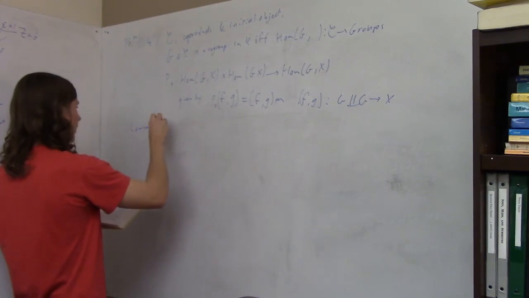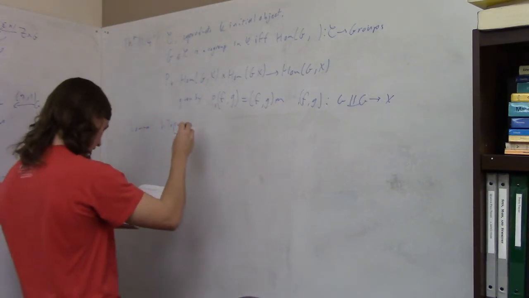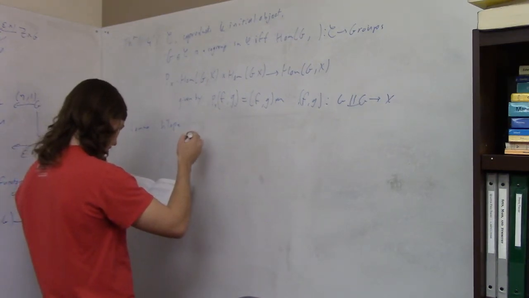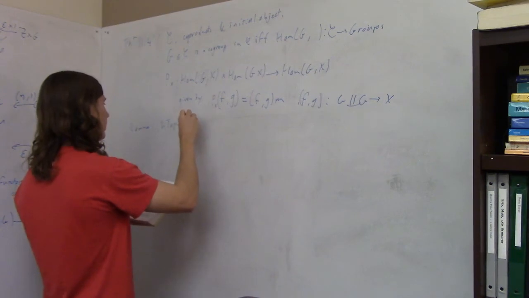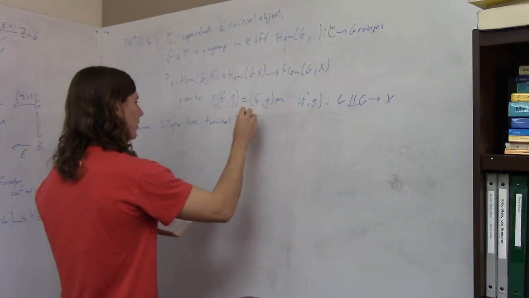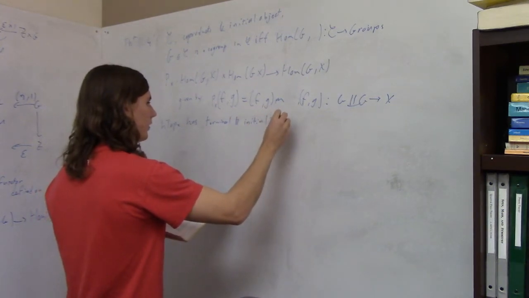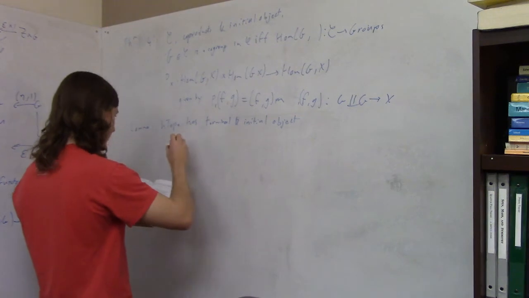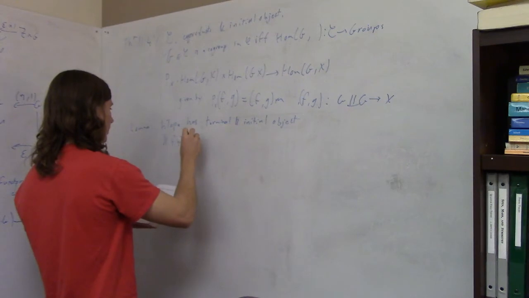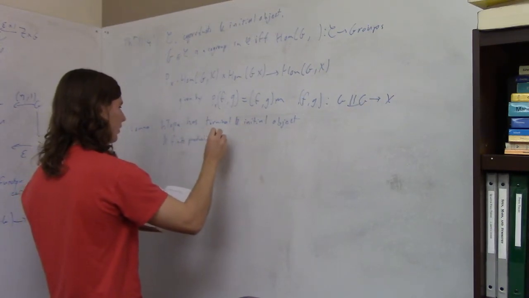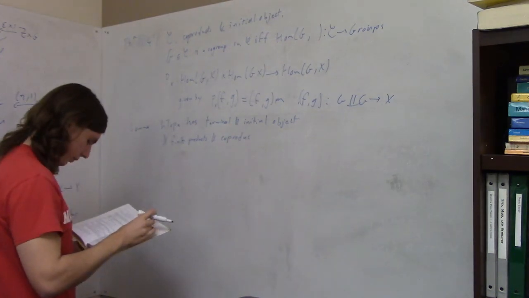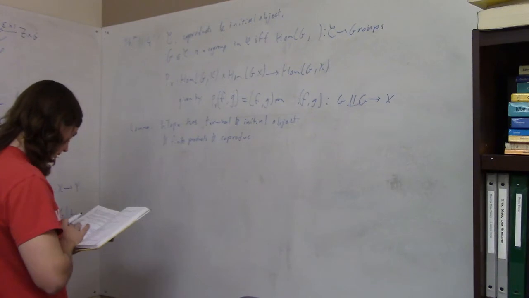H top star has a terminal object and an initial object, in fact a zero object, and finite products and coproducts, which allows us to use the theorems that we just presented. Okay, I'm not going to prove that.